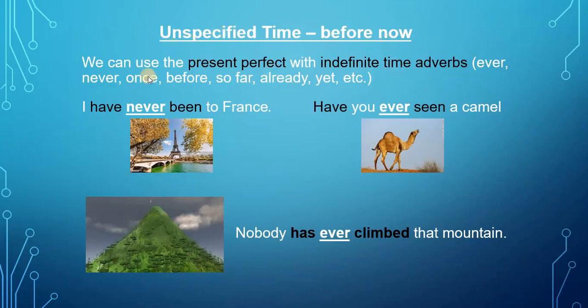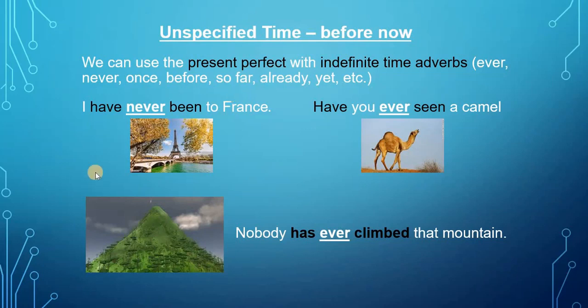So we use the present perfect with indefinite adverbs like the words ever, never, once, before, so far, already, yet, and others. All of these words, we use them to say that something happened in the past, but we do not know exactly when.